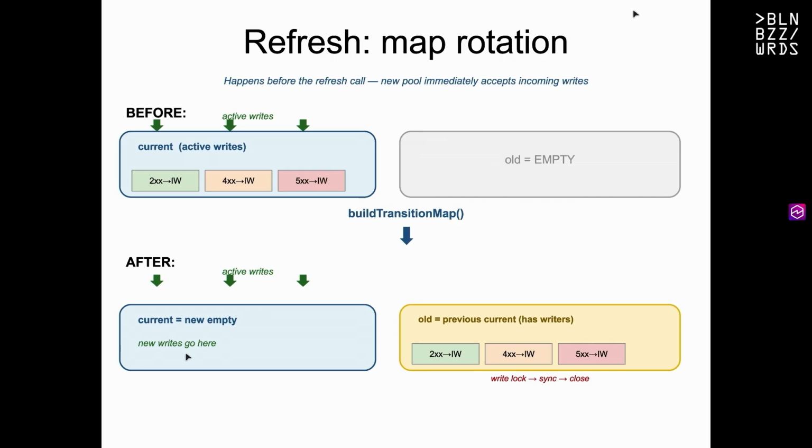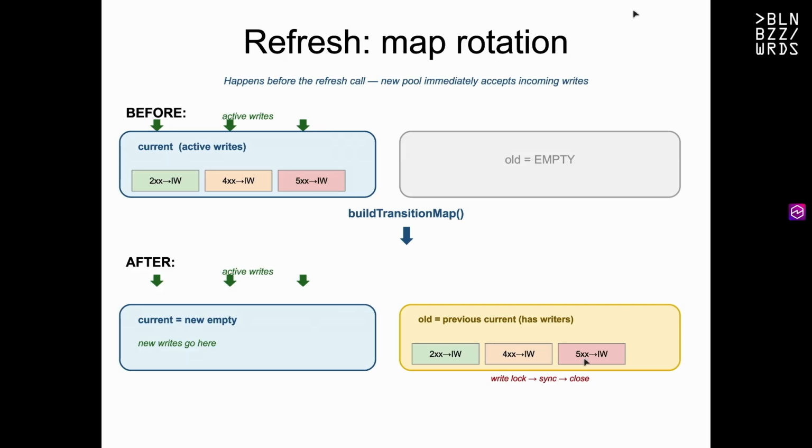This ensures that new indexing does not wait for refresh, and refresh does not block new indexing, thus ensuring the two operations work on independent timelines. At this point, the old map is frozen, and the new map is accepting the new set of writes.